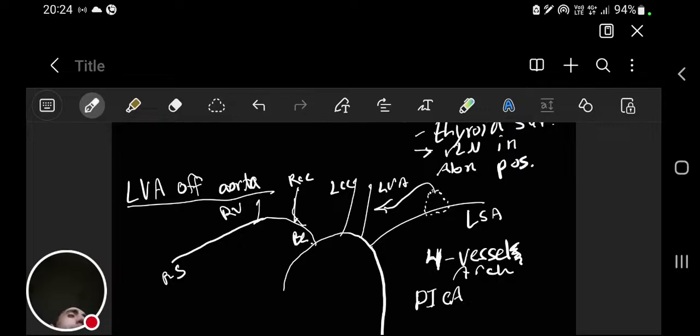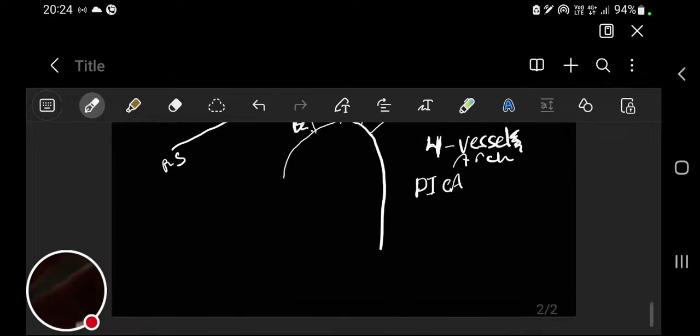Let's just remember the circle of Willis. This is a very important subject, so let's remind ourselves. We have the anterior spinal artery coming, and on each side the vertebral arteries.